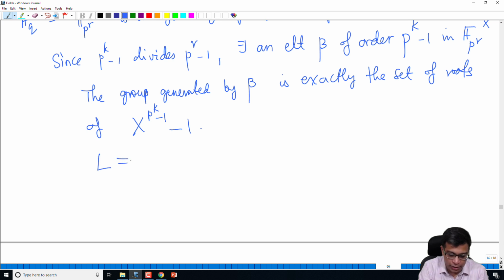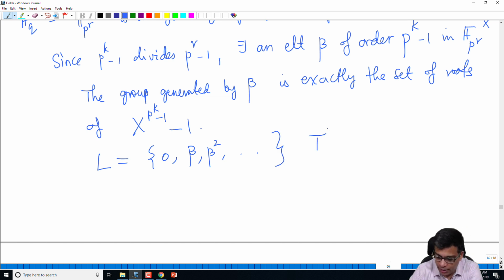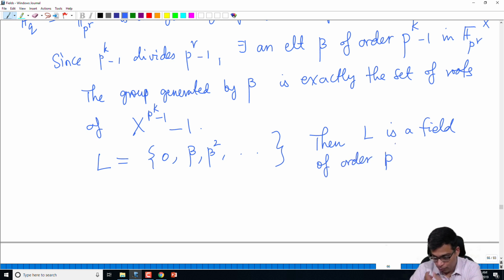Now if you define L to be 0, beta, beta squared and so on, then by the same argument that we have used earlier, L is a field of order exactly p power k, because there will be p power k minus 1 elements here and you are adding 0 to it.